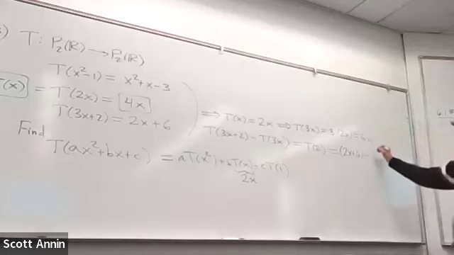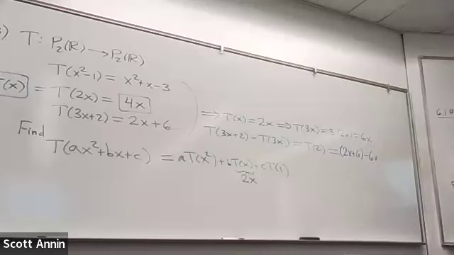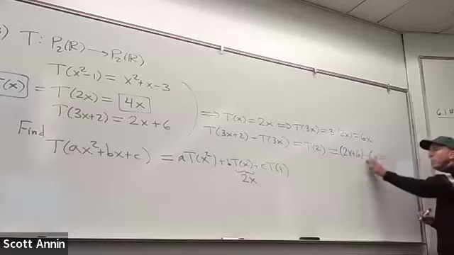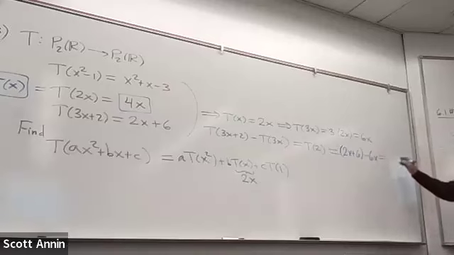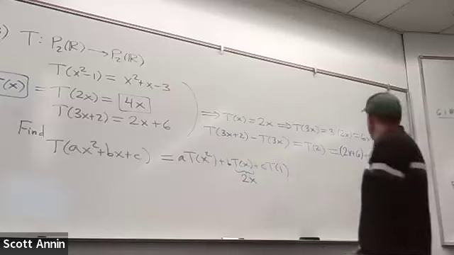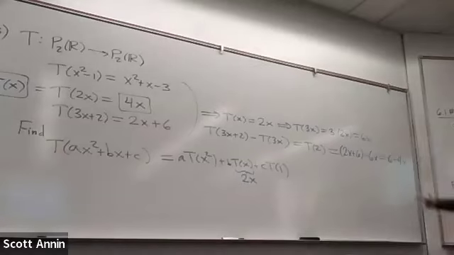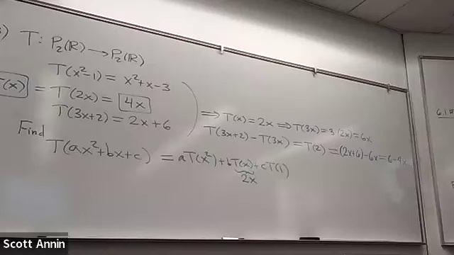And T of 3x, we just worked it out, it was 6x from directly above here. And so now if you clean this up a little bit, 2x plus 6 minus 6x is actually just 6 minus 4x. So if we simplify that, that's going to be T of 2, 6 minus 4x. You guys all following that?